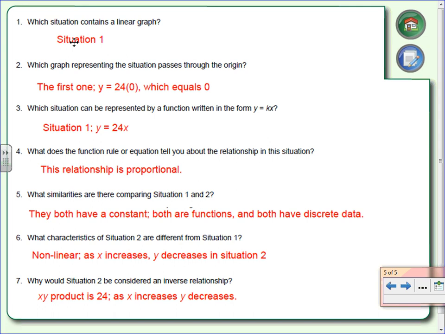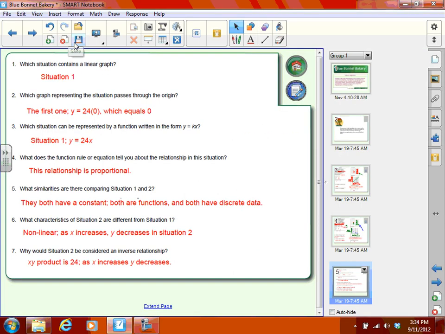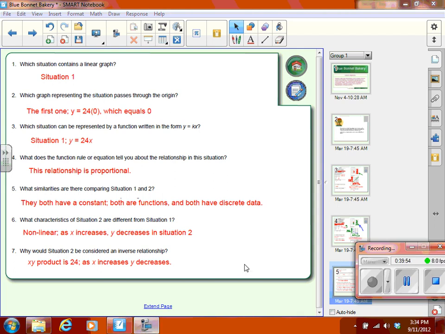When I multiply the x times the y, I get 24. As x increases, y decreases. And we'll be talking more about the inverse relation probably tomorrow. Tomorrow and Wednesday. All right, so that takes us through Blue Bonnet Bakery. I'm done.